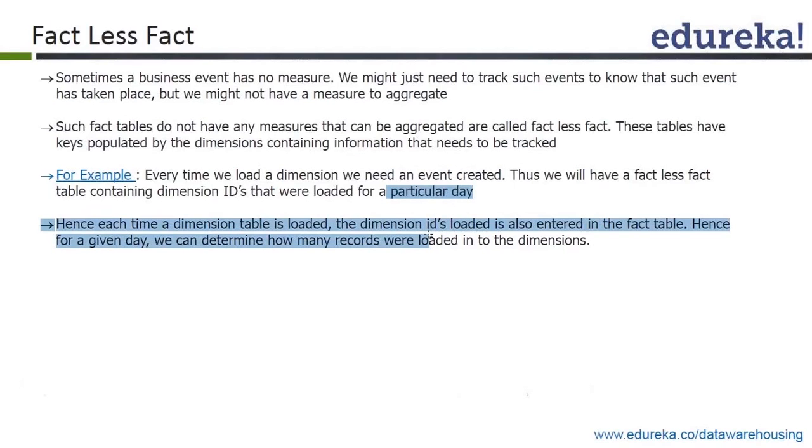You can count the number of events that happened on that particular day, or you can calculate how many patients went to the X-ray department by just counting the number of records in the fact table that have the department ID as the X-ray department. So it just gives you a count. There is no measure which you can add together. So that's a factless fact table.